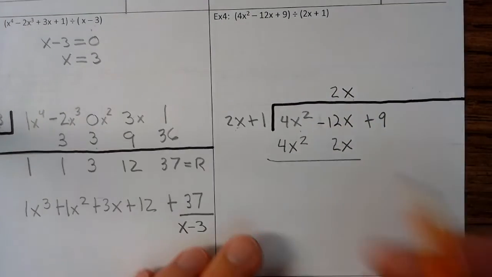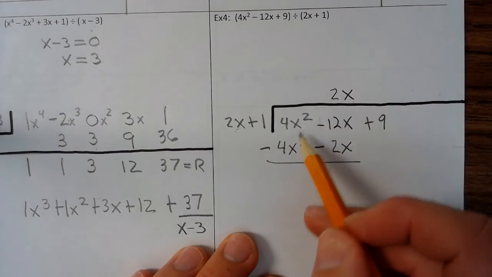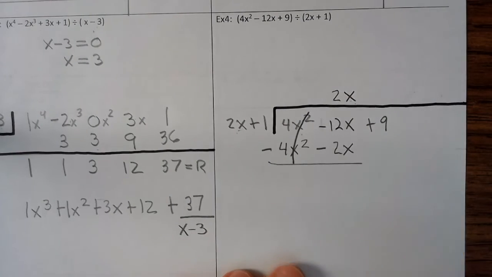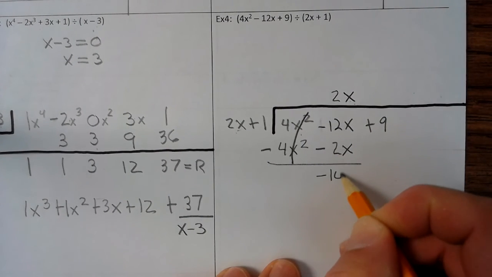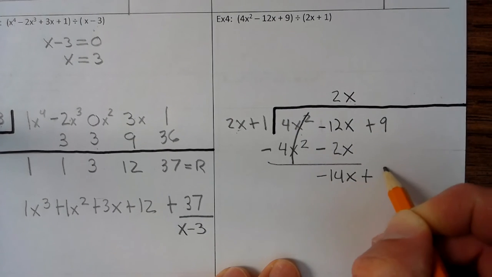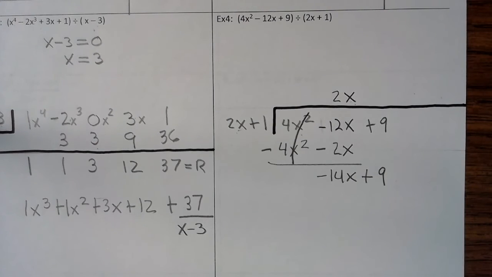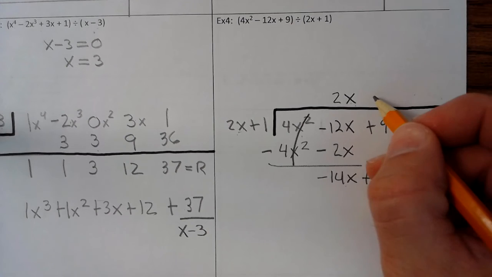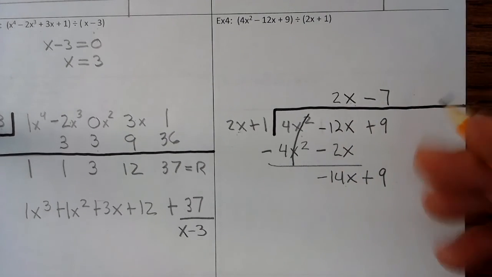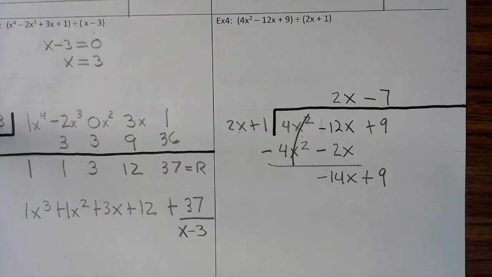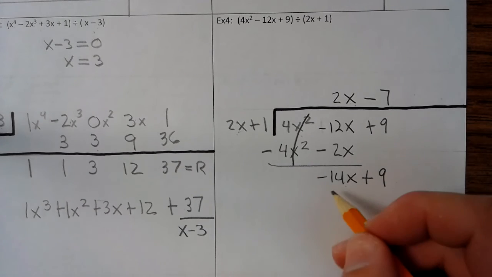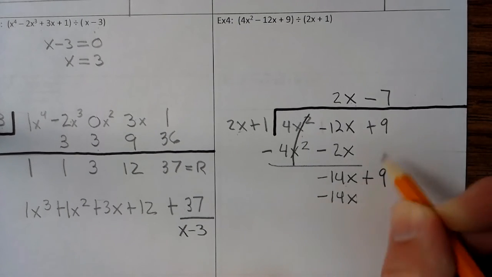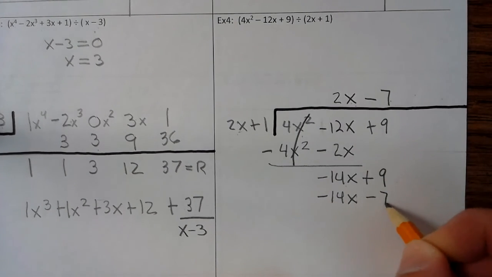Now you subtract. And if you do this correctly, this first term will always cancel. So that's negative 14x plus 9. Now you ask yourself, what do you multiply 2x by to give you negative 14x? The answer to that is negative 7. Notice the 7 is in the constant column. Okay? So now negative 7 times 2 is negative 14x. Negative 7 times 1 is negative 7.